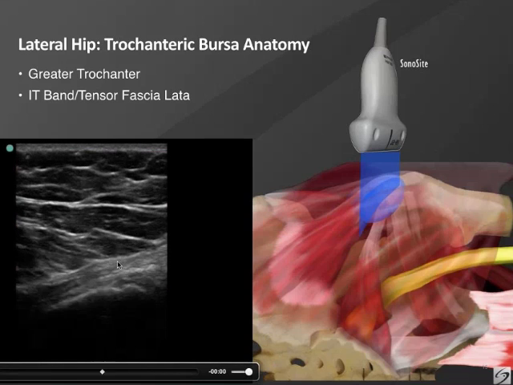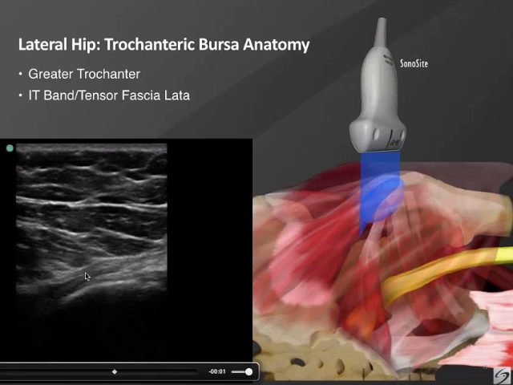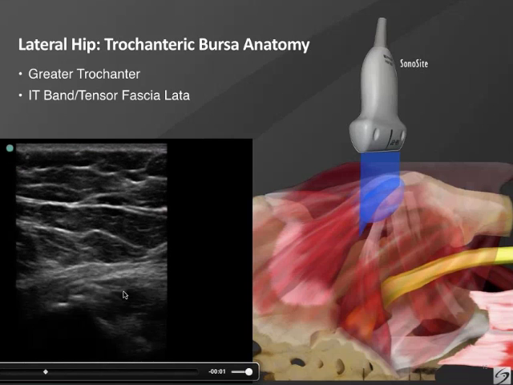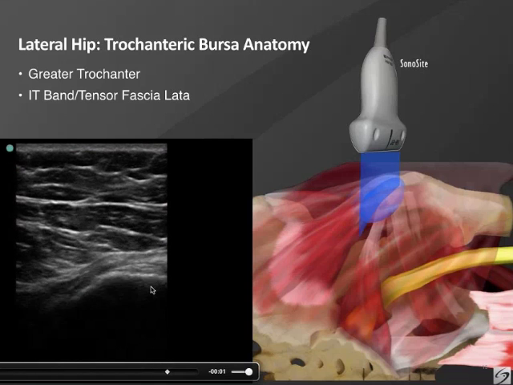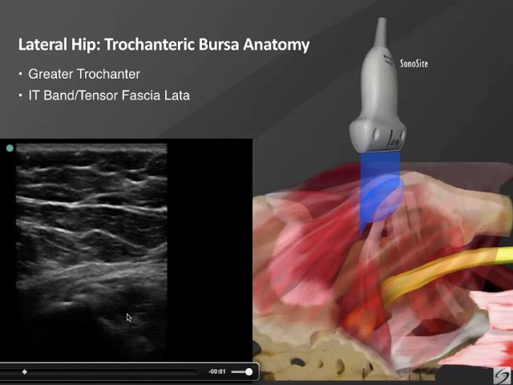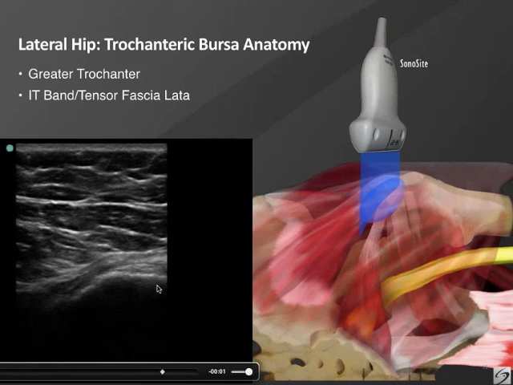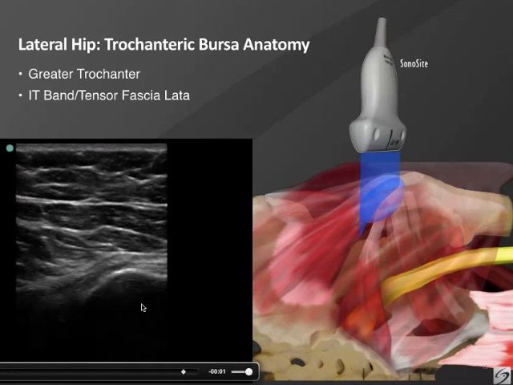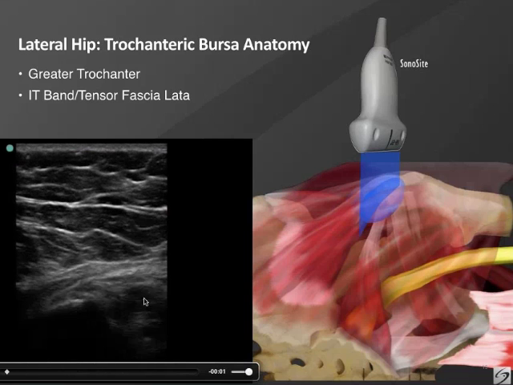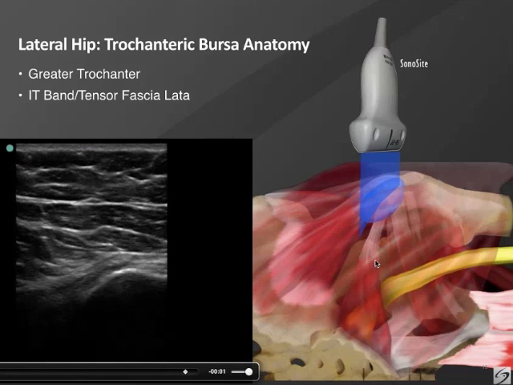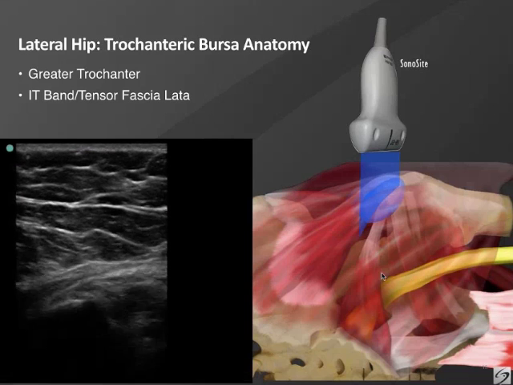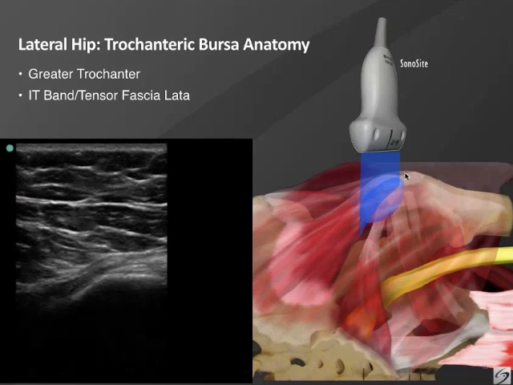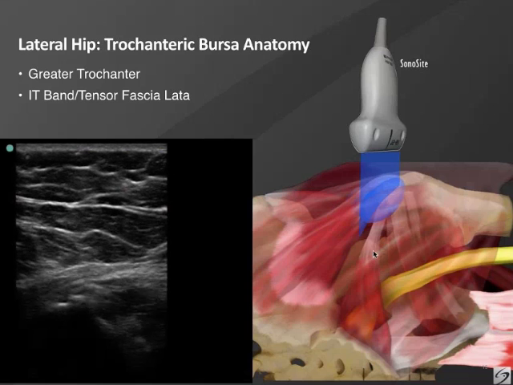The iliotibial band up here superficially does not move. The glute maximus doesn't move, but the gluteus medius tendon attaching here on the greater troch is what's moving as we rotate the hip internally and externally. On this side, you see these various hip rotators underneath the faded glute maximus.